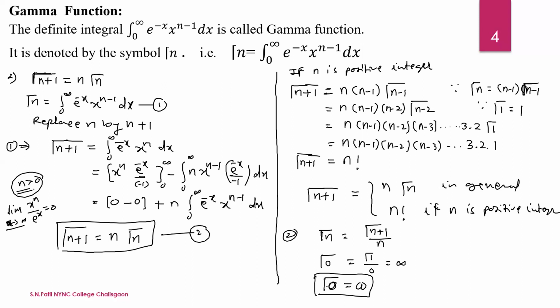Now let us discuss some particular examples on this property. If n is a positive integer, then gamma of n plus 1 is n factorial. If you put n equal to any particular positive value, suppose I am putting 5, that is gamma of 5 plus 1, which simplifies to gamma of 6.